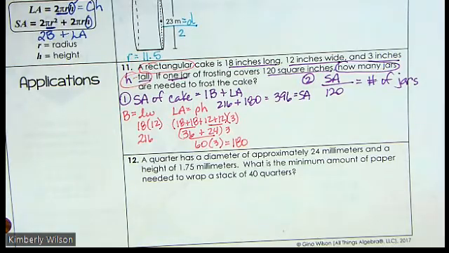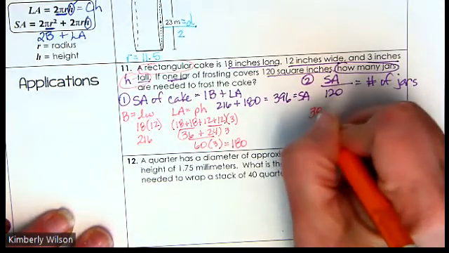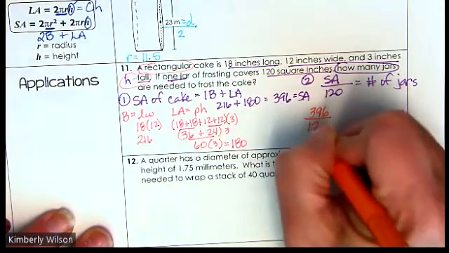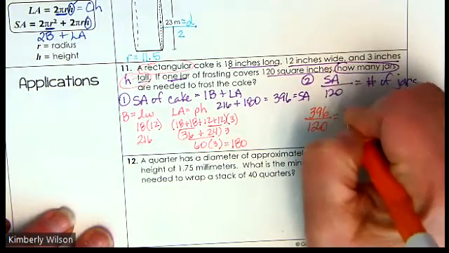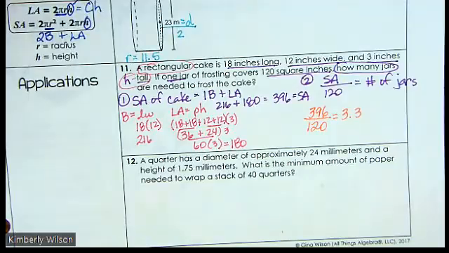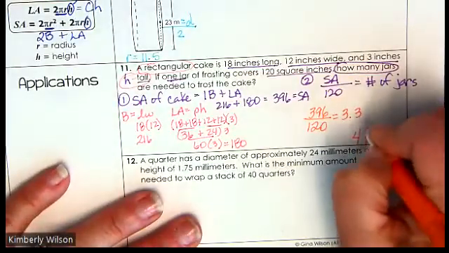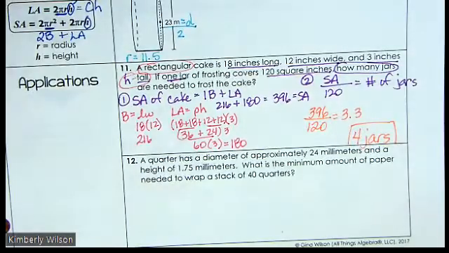So I have to now do 396 divided by 120, which equals 3.3. But hey, it wants to know how many jars are needed. I can't buy 0.3 of a jar. So we have to have 4 jars, according to this problem.